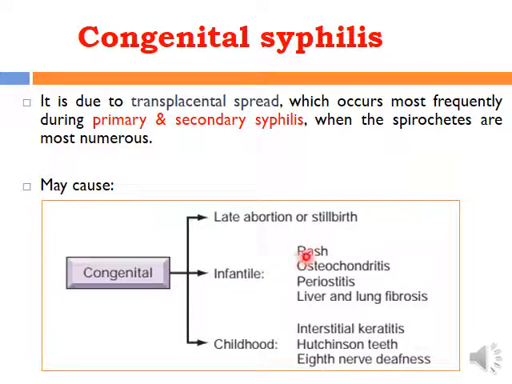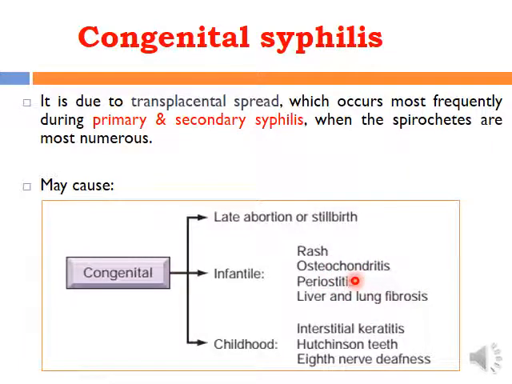Here the child develops a macular rash all over the body, osteochondritis, inflammation of the bone and joints, periostitis, inflammation of the superficial layer, the periosteum of the bone, and liver and lung fibrosis.